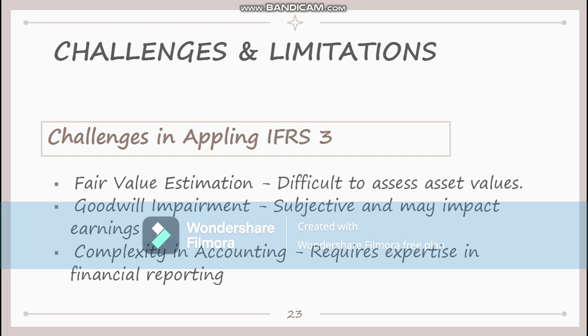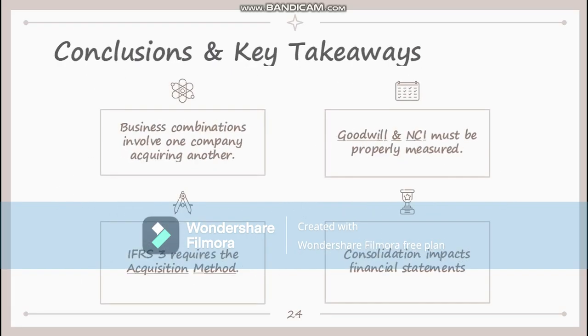In summary, IFRS 3 ensures transparency in how companies account for business combinations. By applying the acquisition method, firms can fairly measure assets, liabilities, and goodwill in financial statements. However, challenges such as goodwill impairment and fair value estimations require very careful judgment.